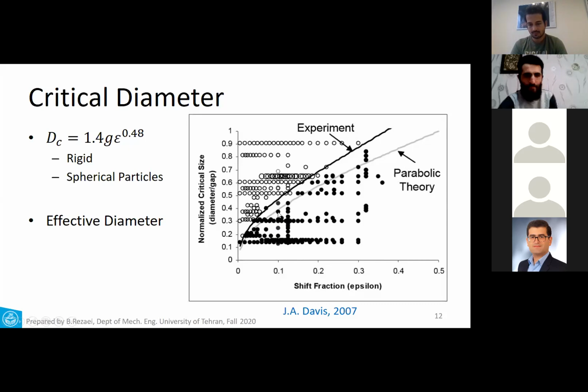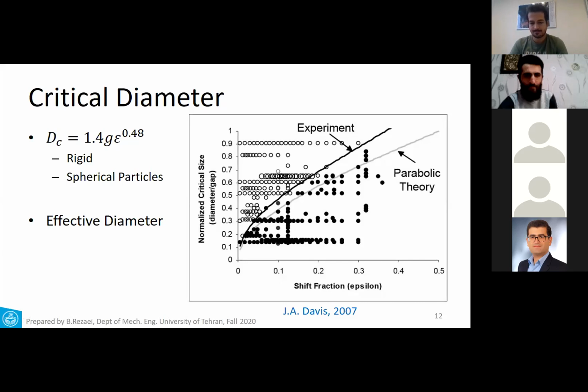The circles filled with black color have gone zigzag, and the ones that are empty have gone bump. So this way he could find the critical diameter and do a curve fit. This is the most important formula for that.